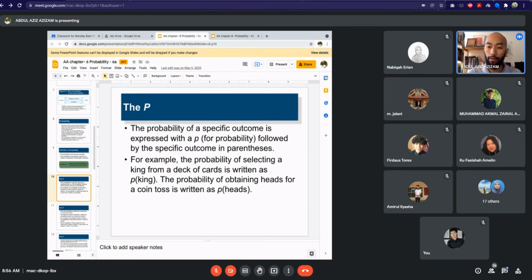Ini semua king. Alright, so macam mana kita nak tulis probability untuk king, kita dapatkan king daripada deck. So cara tulis dia P parenthesis king, dan kita tahu the probability untuk dapatkan king itu berapa. So P(king).